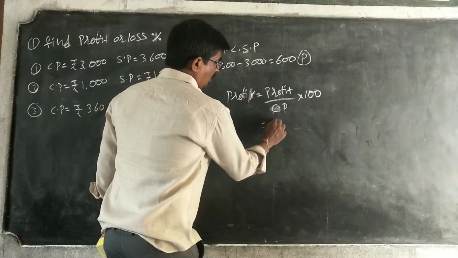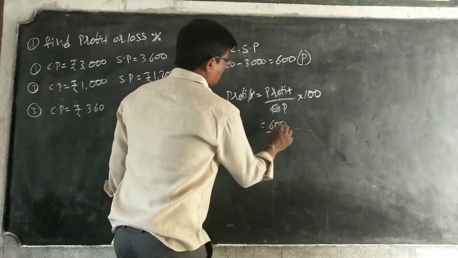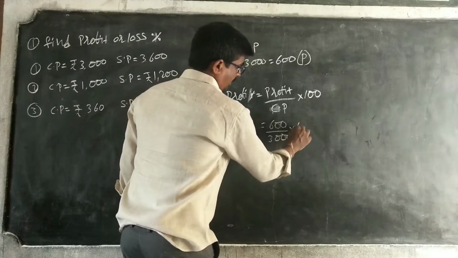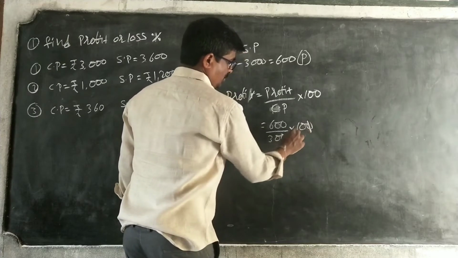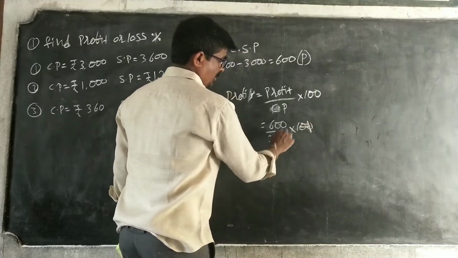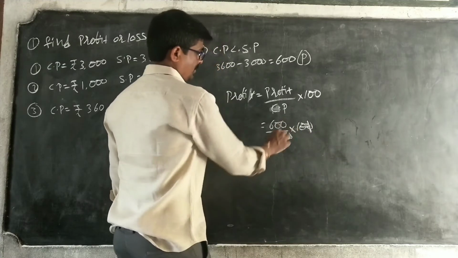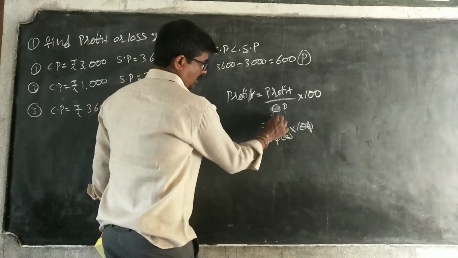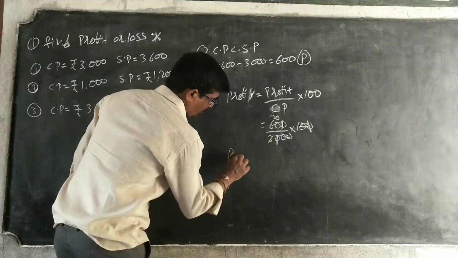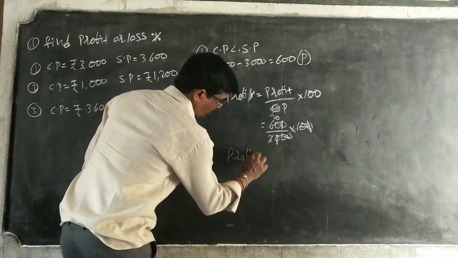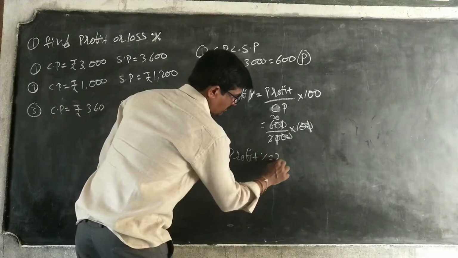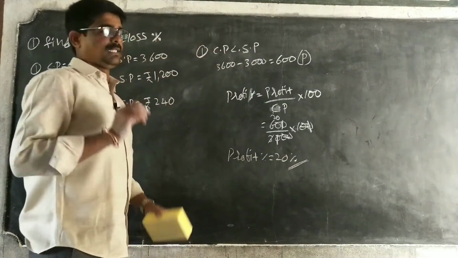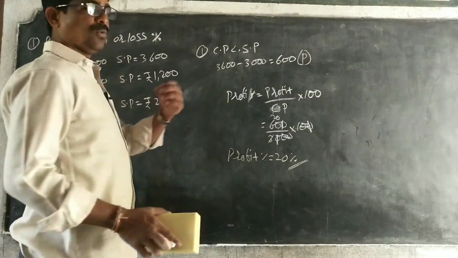Profit 600, cost price is 3000, into 100. Two zeros, zeros cancel. 3 sixes are 18... therefore, profit percentage is equal to 20%. Simple thing. First problem is over.